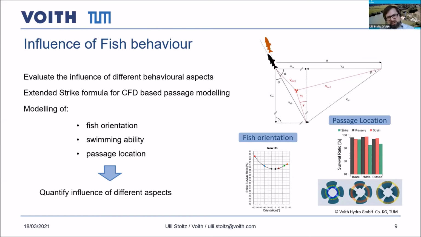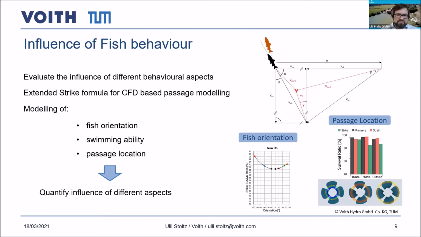You can see here below, we looked at three regions: close to the hub of the machine, in the middle region of the machine, and at the outer region of the machine. And here you can see the different stresses: strike, pressure, strain. Especially for strike, it can be stated that for the outer region, it's much more risky if a fish passes through there, as the velocities are higher and also the blade shapes, for conventional blades, are very thin.